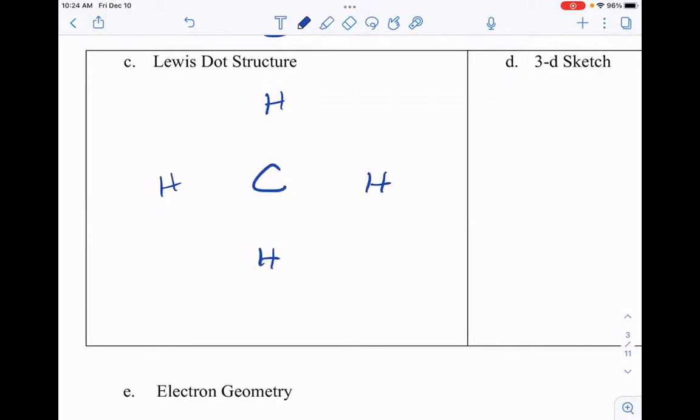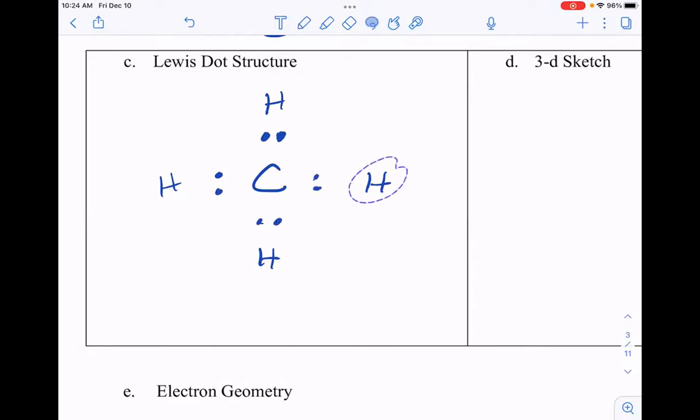Okay. So since our surrounding atom is hydrogen, we're going to go ahead and put in 2 electrons max between carbon and hydrogen. So 2, 4, 6, 8.